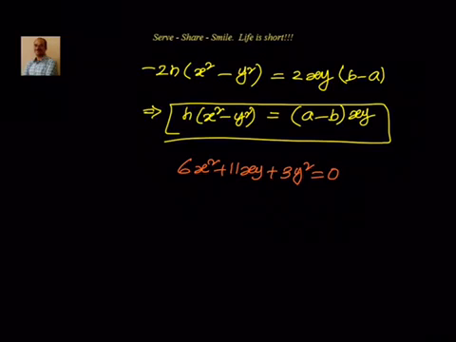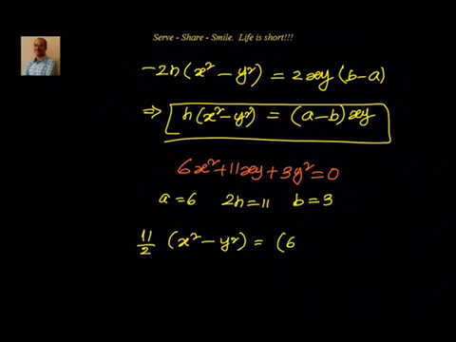Now we know here a equal to 6, 2h equal to 11, and also we know b equal to 3. Our equation is h into (x square minus y square), 11 by 2 into (x square minus y square) is equal to (a minus b), that is (6 minus 3) into xy.